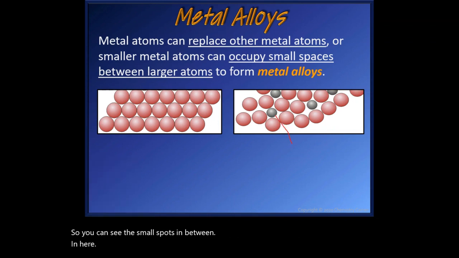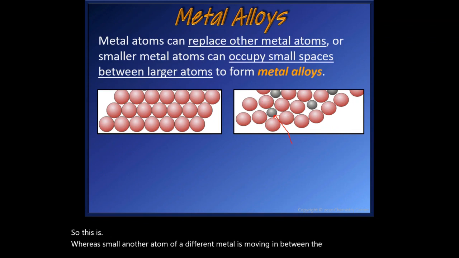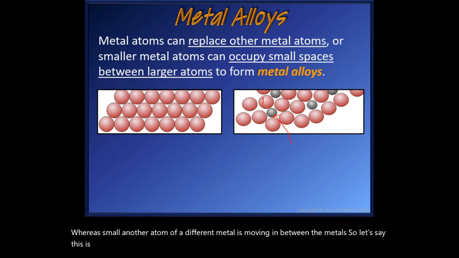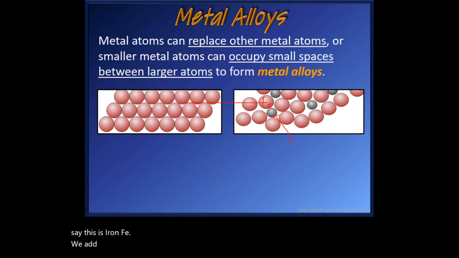So this is where another atom of a different metal is moving in between the metals. So let's say this is iron, Fe. We add some tin to it, or if we add some carbon to it, it can fit in between things, between atoms, I should say.